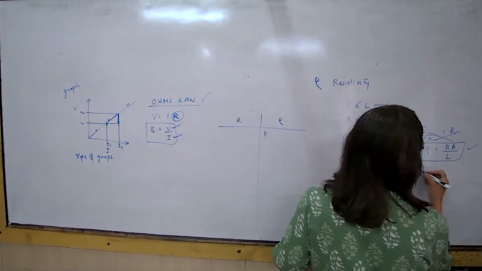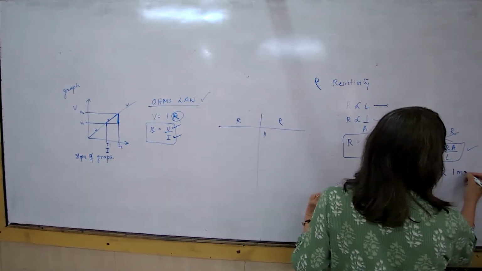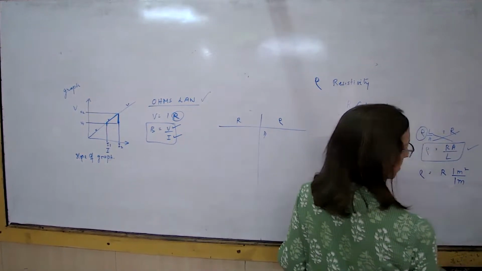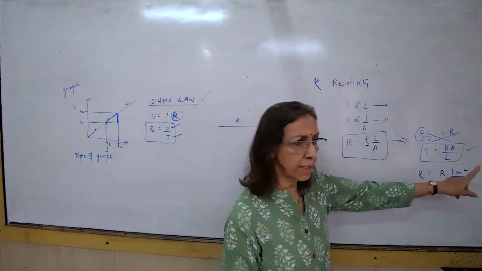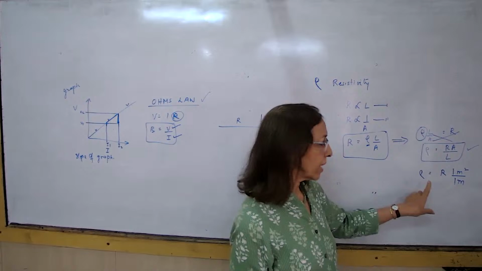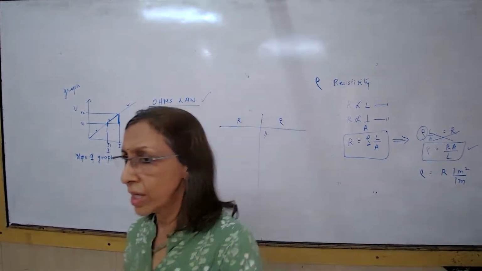See this, A is equal to 1 meter square and length is equal to 1 meter. So this gets cancelled out, and you will have only resistance, so resistivity is equal to resistance, only under such conditions.